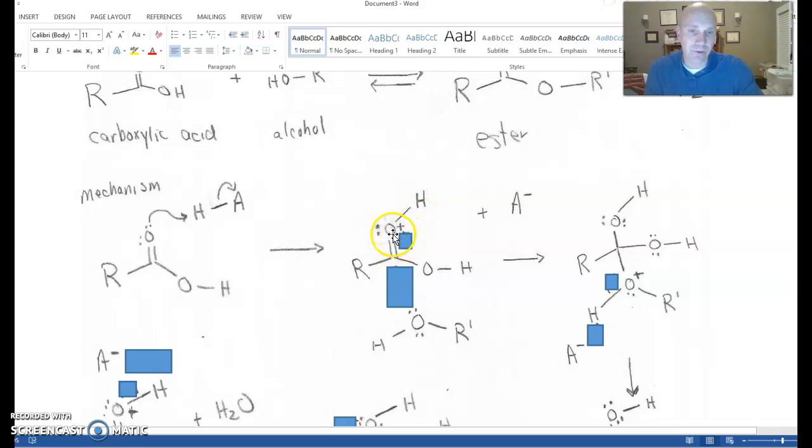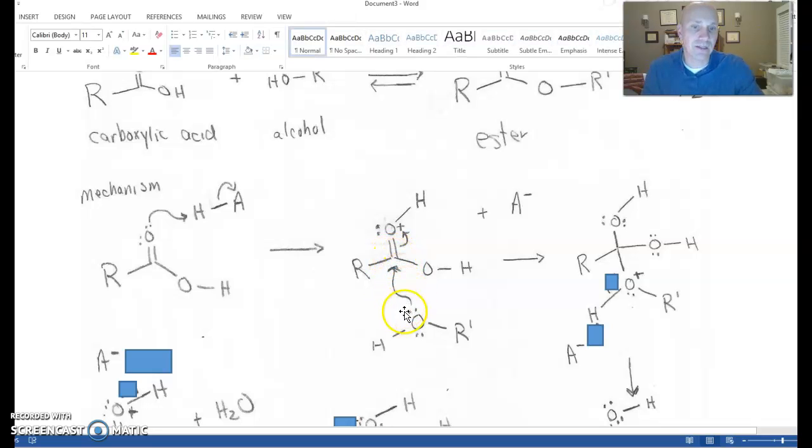The purpose of doing that is that it puts a positive charge on that oxygen, and it makes this carbon more electrophilic, because these electrons right here are going to want to go onto the oxygen. These electrons want to go onto the oxygen because there's a positive charge there, and that puts a slightly positive charge on that carbon right there.